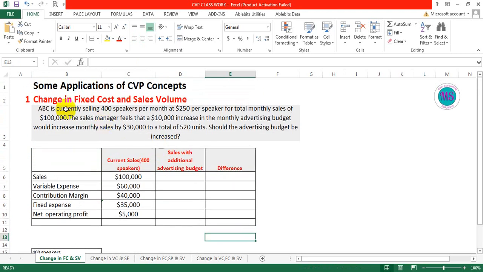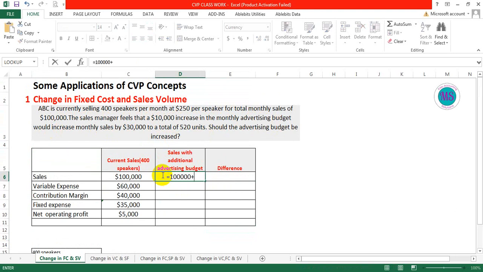Now the sales manager feels that a 10,000 increase in the monthly advertising budget would increase monthly sale by 30,000. Increased sale: the previous sale was 1 lakh, and now the manager changed it with an additional 30,000, so it becomes 1,30,000.